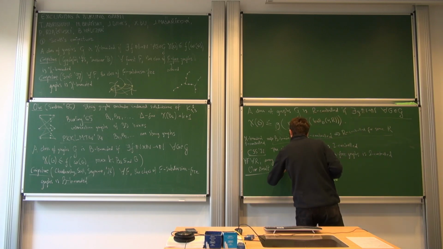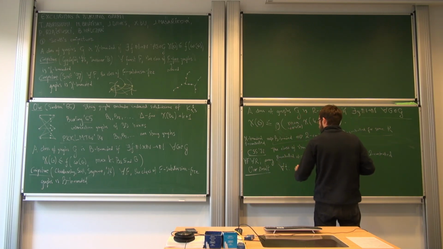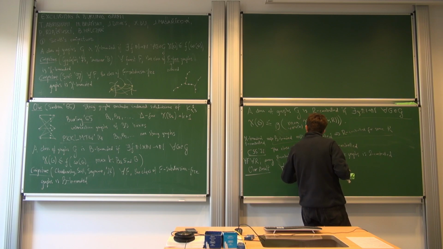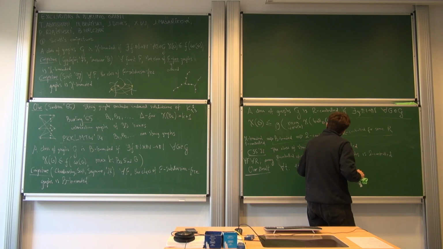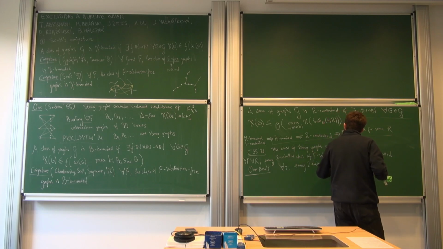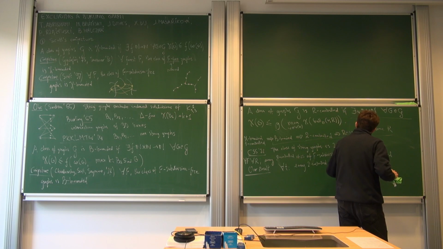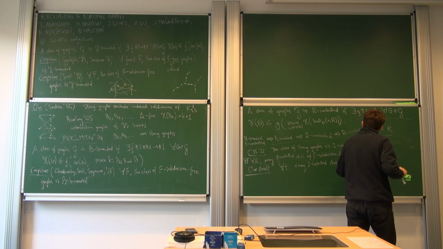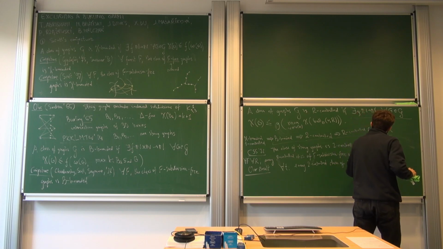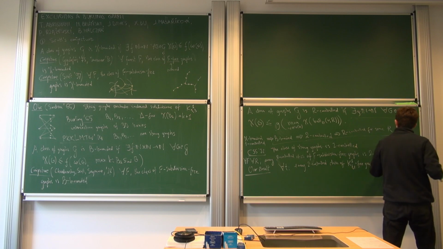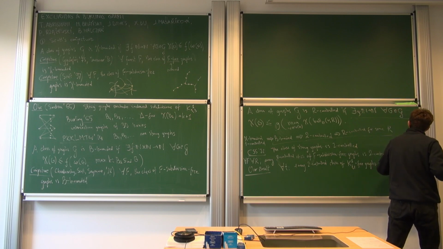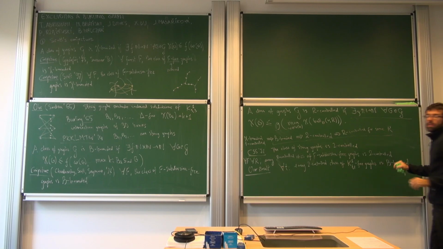So for every T, every two-controlled class of K_{T,T} subdivision free graphs is B-bounded.